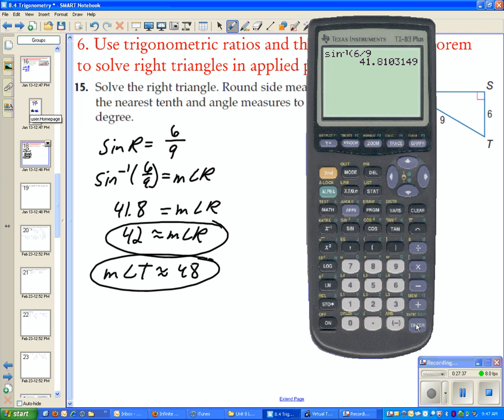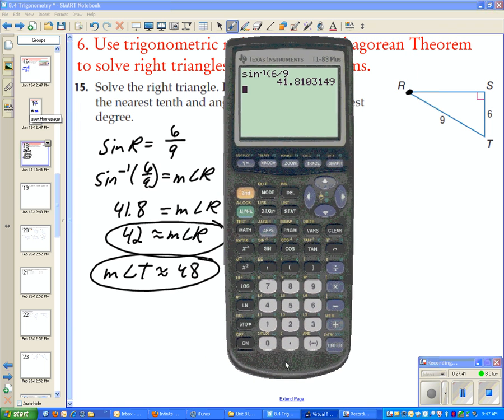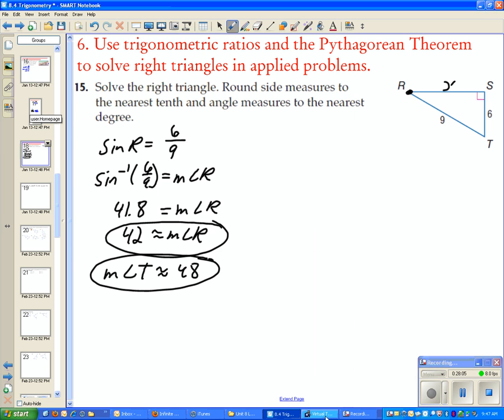So far, so good. All right, now, to get the missing side, I could use trig, but if I use trig, I'm going to be using an approximated answer for an angle that I came up with, which is okay. If I have to do it, I have to do it. But I can actually find that missing side by using just given information if I use the Pythagorean theorem. So that's what I'm going to do. I'm going to call that x.